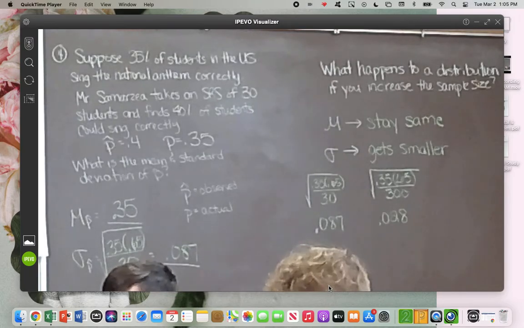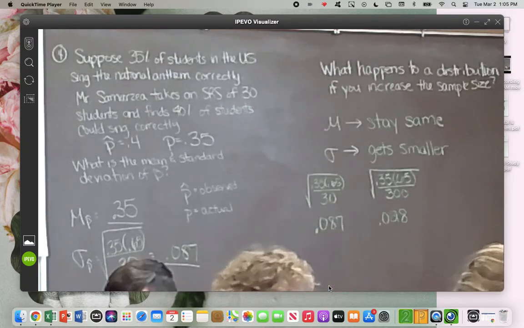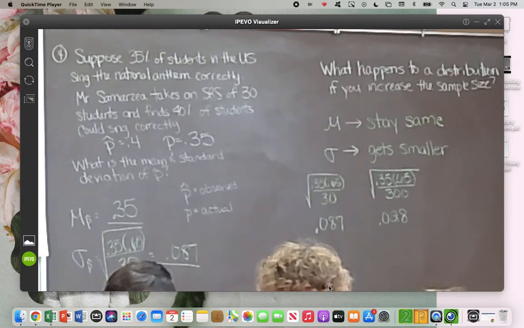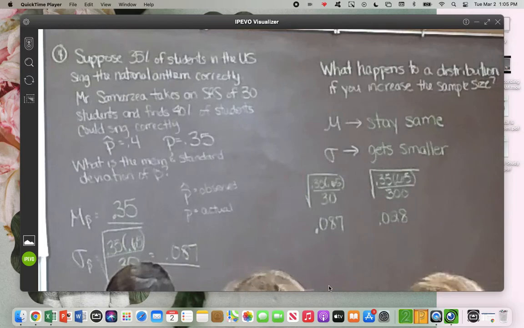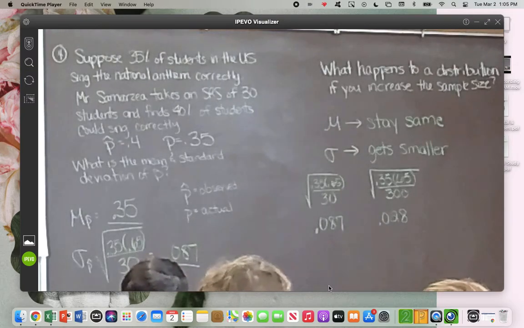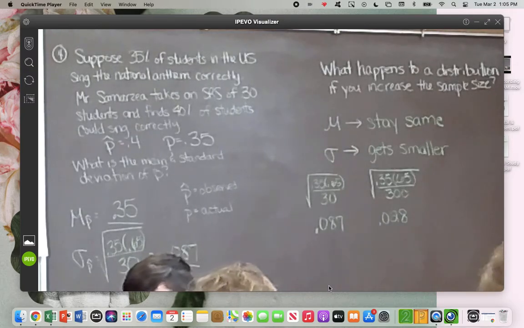Just think about this. Do you think having more samples would get a more accurate answer? The more times you try something, the more accurate it becomes, because the first few times it might be all over the place. I always like to talk about that with grades.